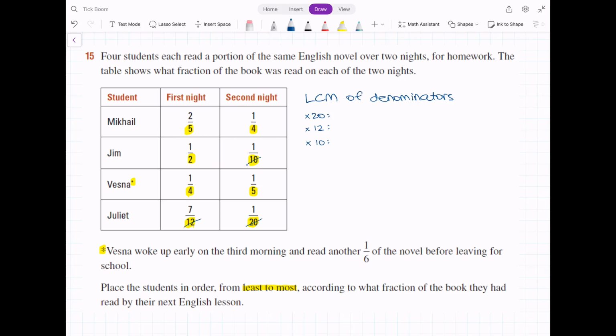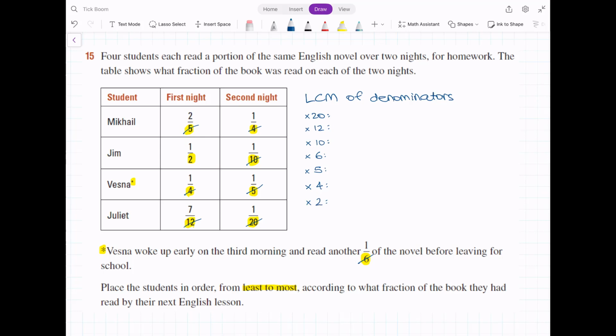Next, we can't forget about this 6 here. So we'd need the multiples of 6 as well. The multiples of 5. That deals with the 5s. The multiples of 4. And that deals with the 4s. And then finally the multiples of 2.